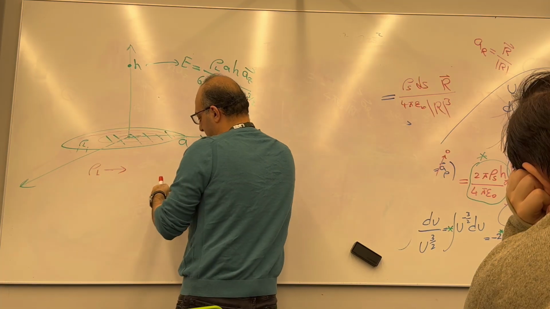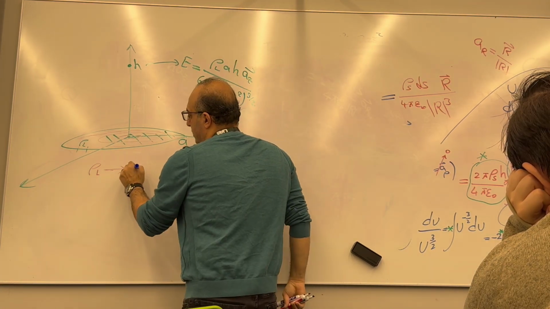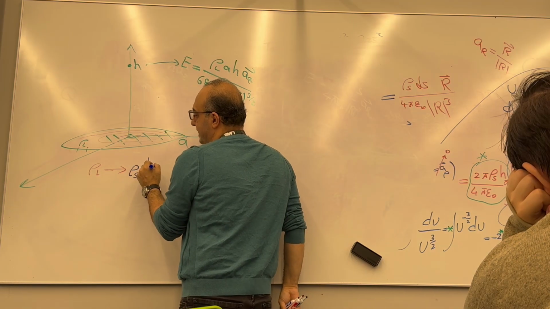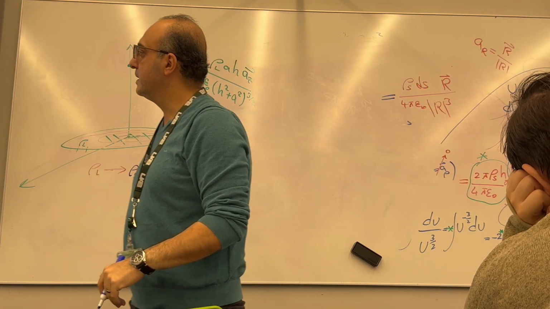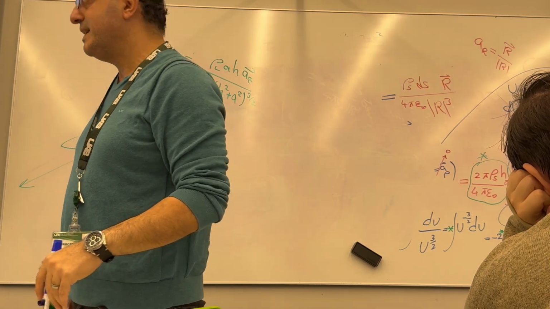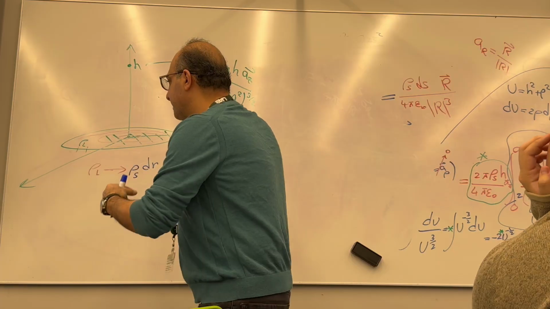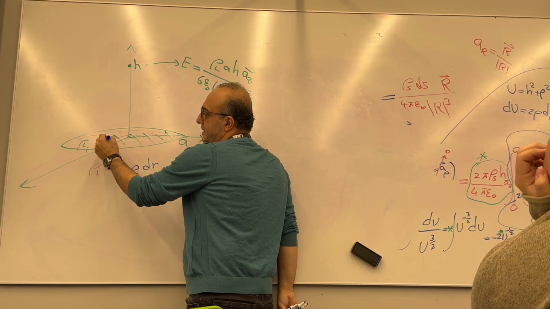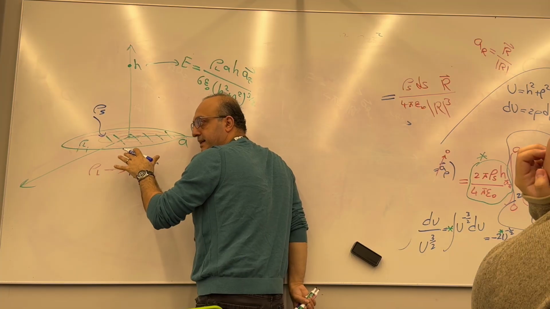We have to convert it to rho S dr, or rho, doesn't matter. Make sense? This is the important thing, because here we define rho S for the disk.